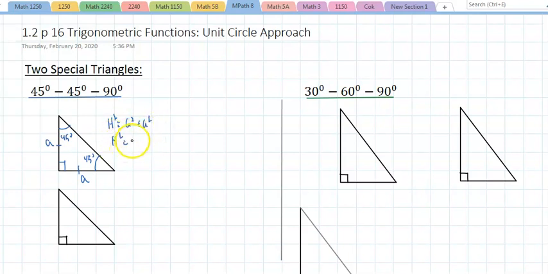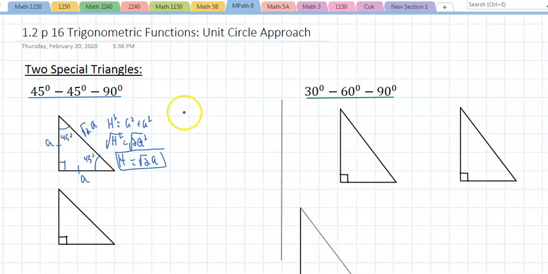Hypotenuse squared is twice a squared, and if I square root both sides, I'll get the hypotenuse to be the square root of 2, and the square root of a squared is a. So this right here is the square root of 2a. And since I'm using a, not a number, this is a formula.